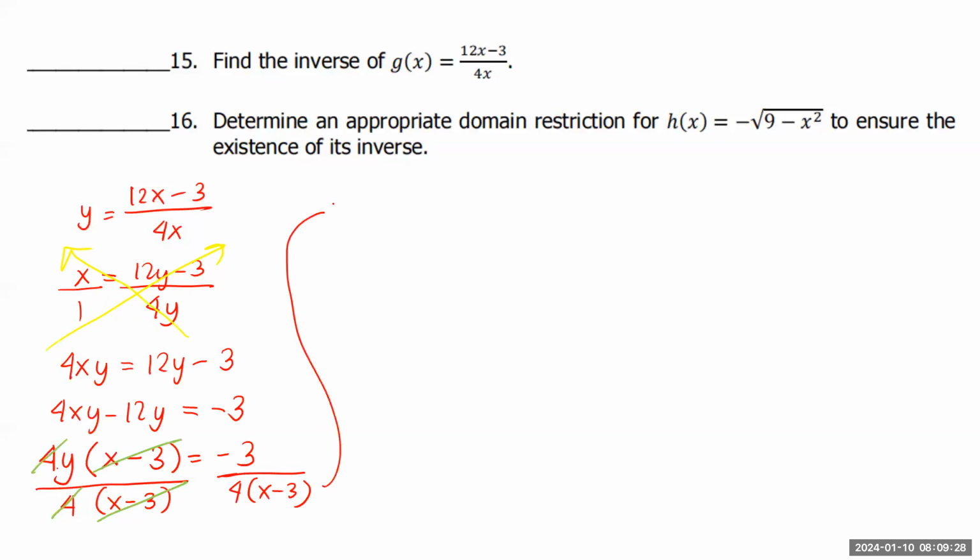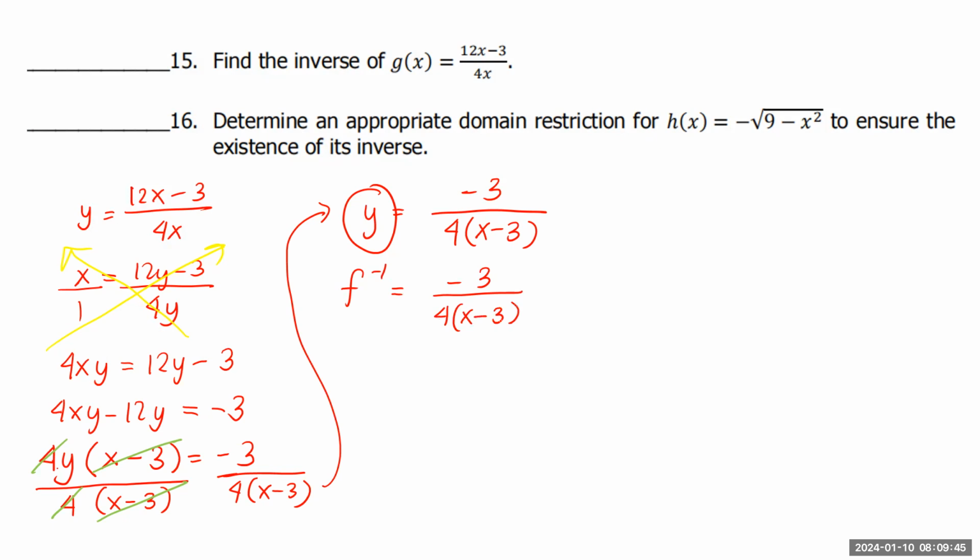Okay, so y is equal to negative 3 over 4 times x minus 3. Again, papalitan natin yung y ng ating notation for inverse. So g inverse is equal to negative 3 over 4 times x minus 3. So that is our answer for number 15.